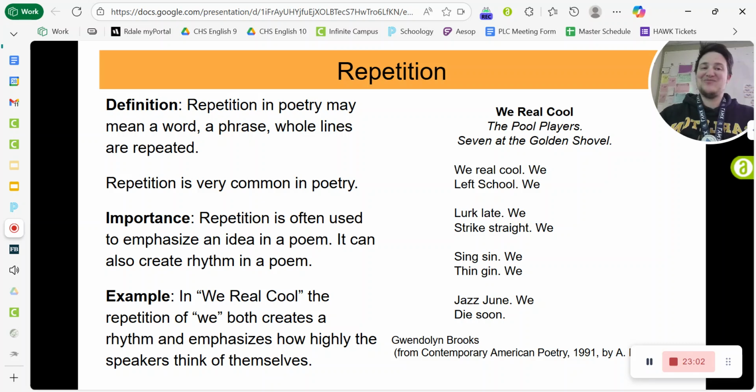It's a short poem. It's a really interesting one. And you can see it uses this repetition, this we something something, we something something, to create rhythm and to emphasize this sense of self in this case. So those are the structural elements that we are looking at the start of this poetry unit.